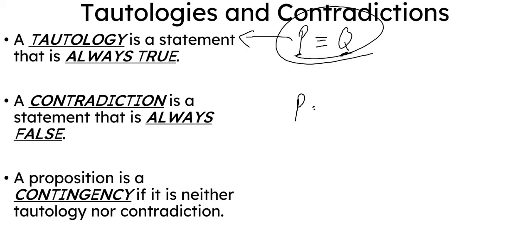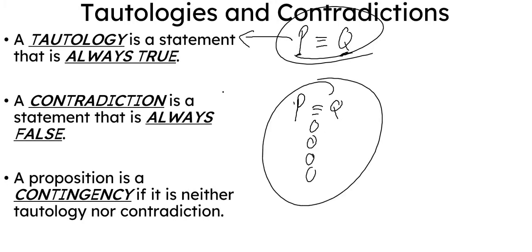However, if we would get this and the resulting column would always be false, then we call this statement a contradiction. A contradiction is a statement that is always false. However, if it's neither always true nor always false, or neither a tautology nor a contradiction, we call the statement a contingency.